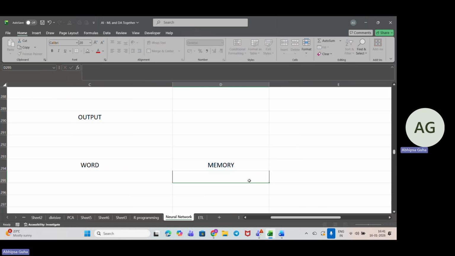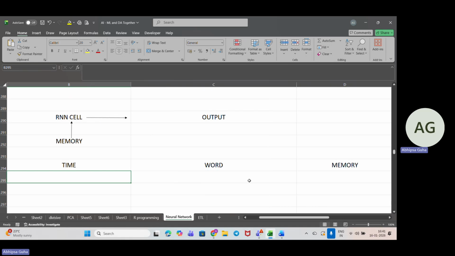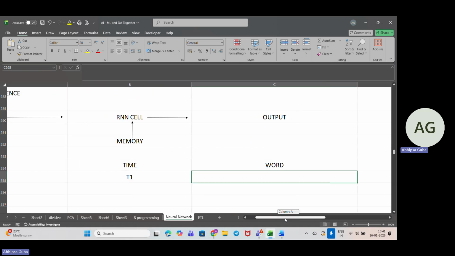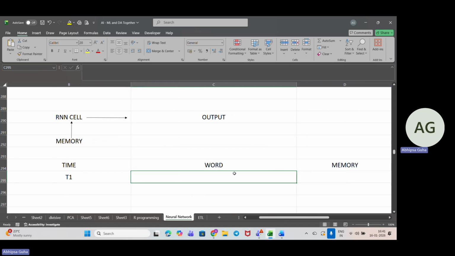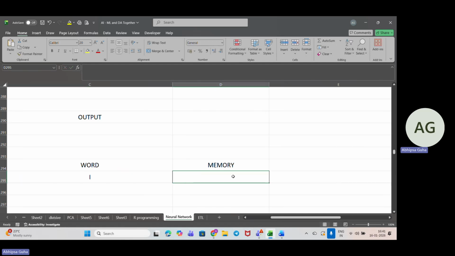So it's time one, T1. The first word is I, and the memory is, it remembers I.